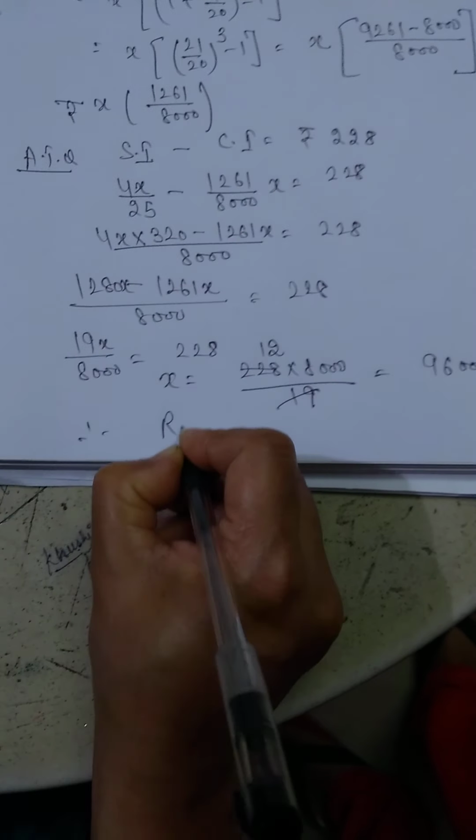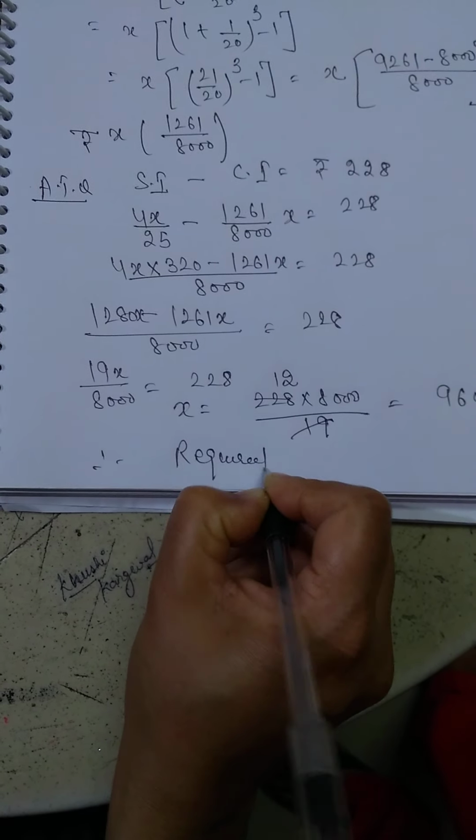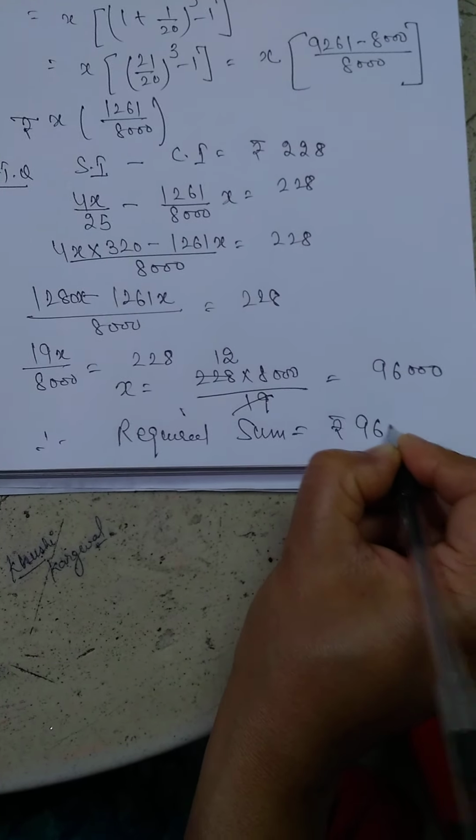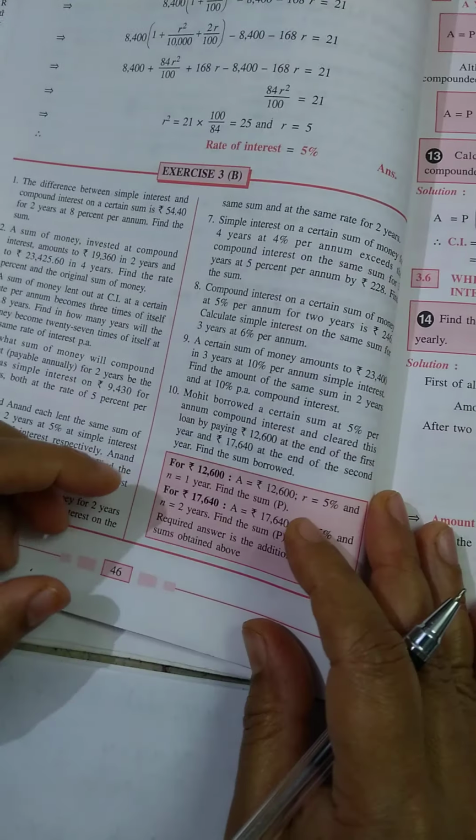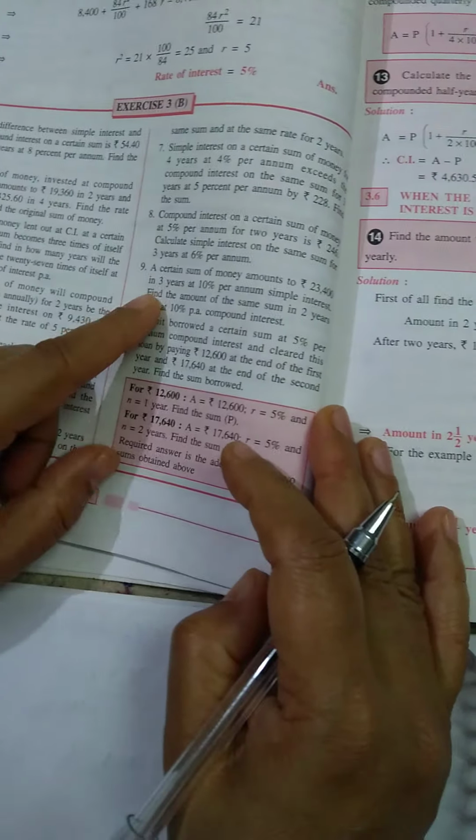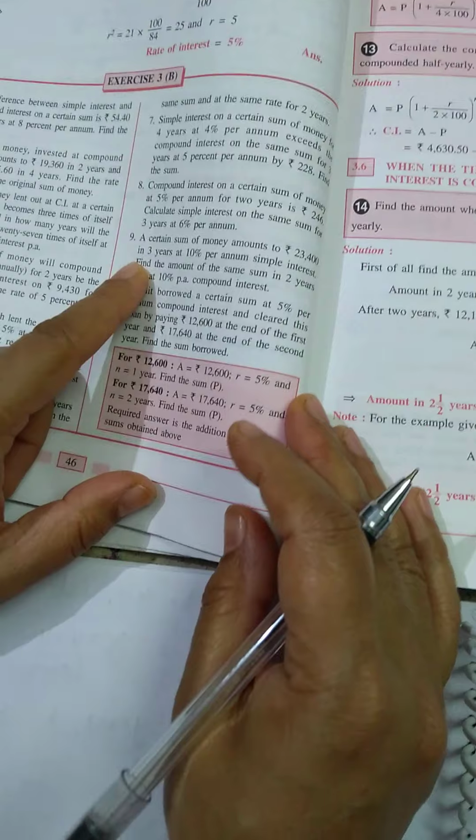So your required sum is 96,000. Now we will start our next question, number 9.